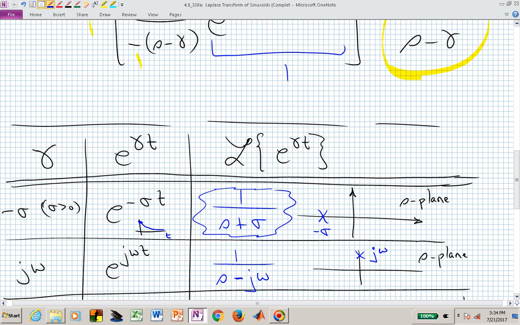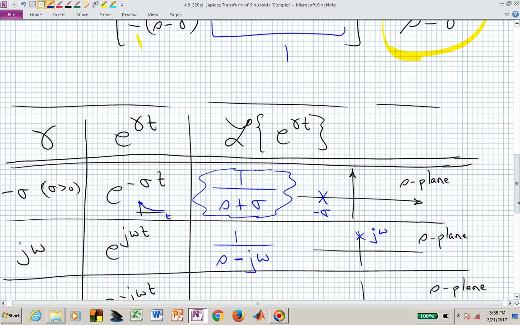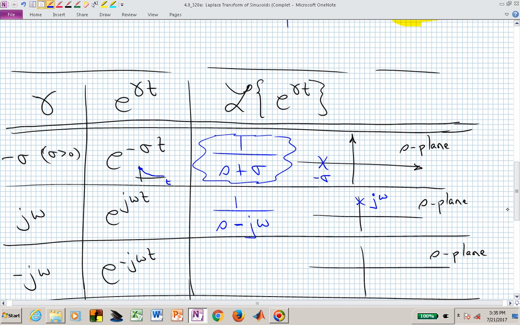This transform 1 over s minus j omega is going to have a pole when the denominator vanishes, so that that expression itself goes unbounded. And that's going to happen when we move in the complex s-plane right to the position on the imaginary axis equal to s equal to j omega.